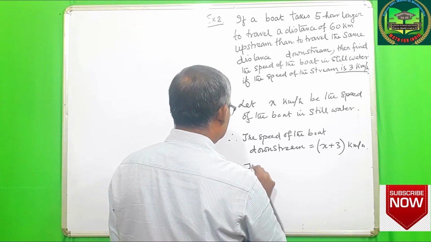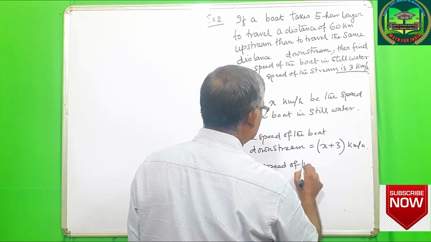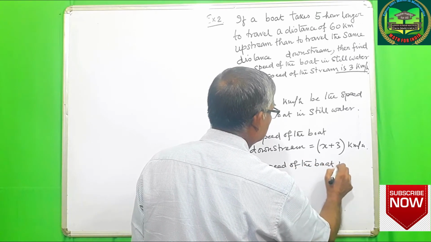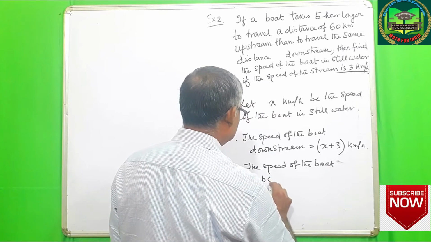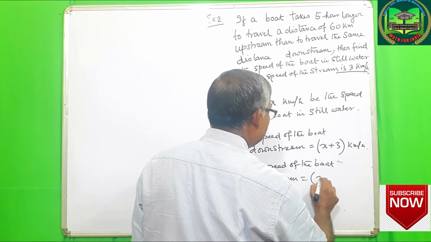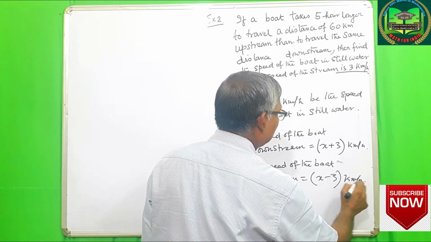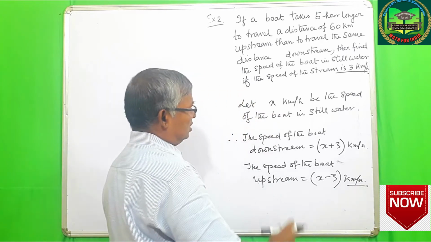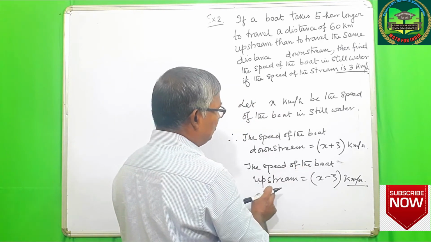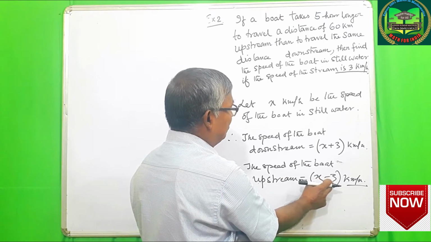Again, the speed of the boat upstream equals x minus 3 kilometer per hour, because we know the speed of the boat upstream equals speed of the boat minus speed of the stream.